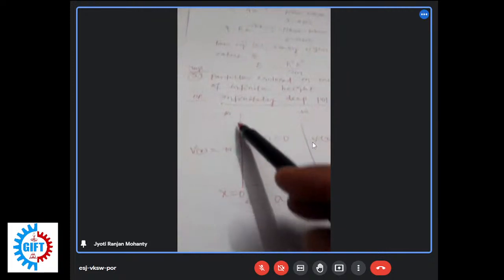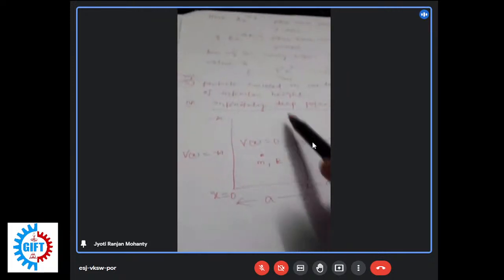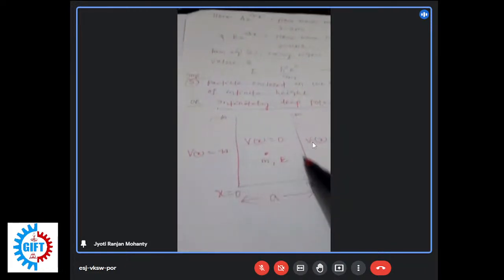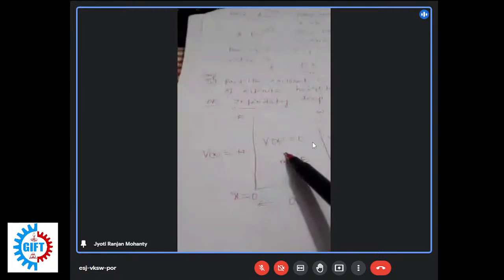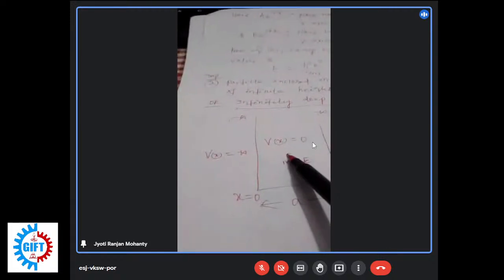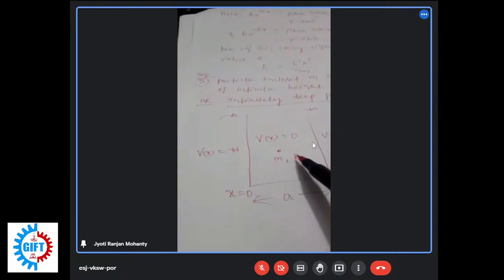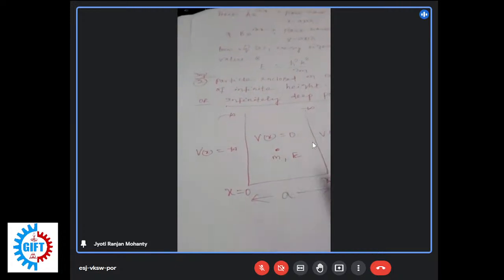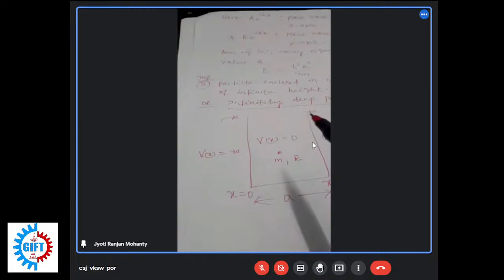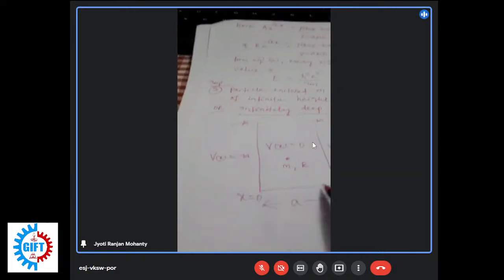So let us construct a potential box, a one-dimensional potential box. Height is infinite, and inside the potential box one particle is present whose mass is m and energy is E.